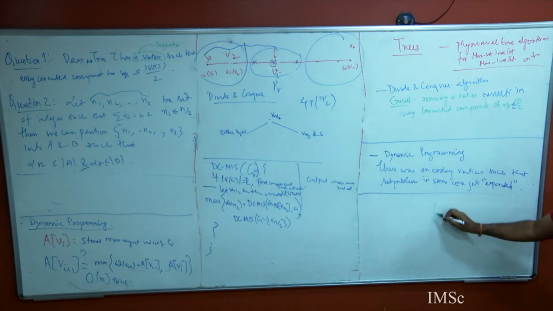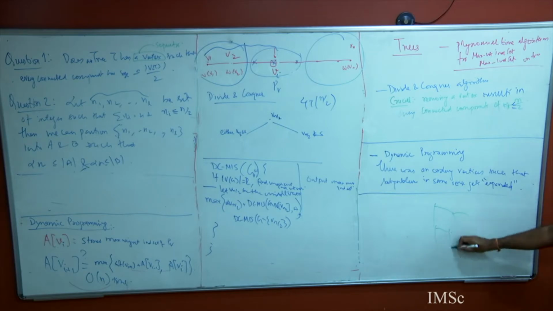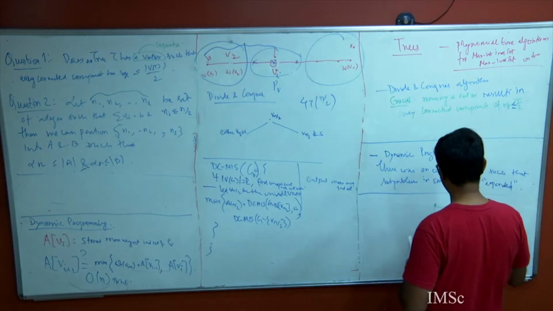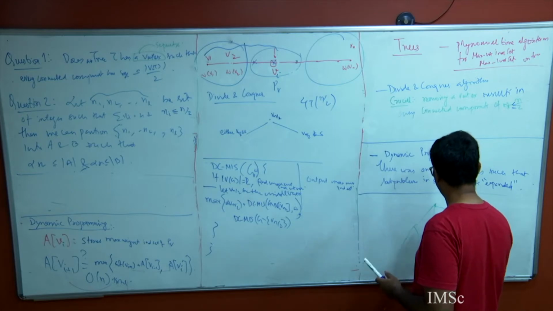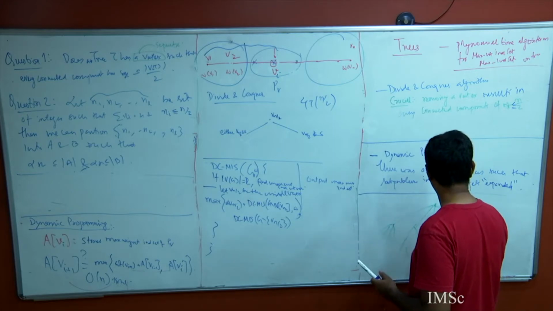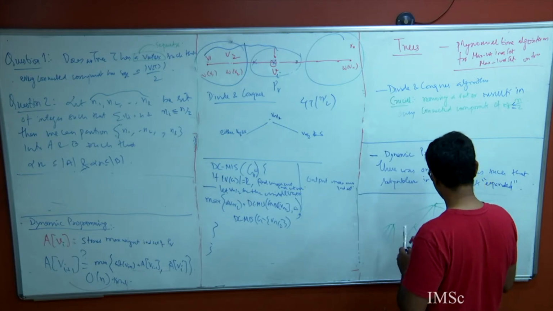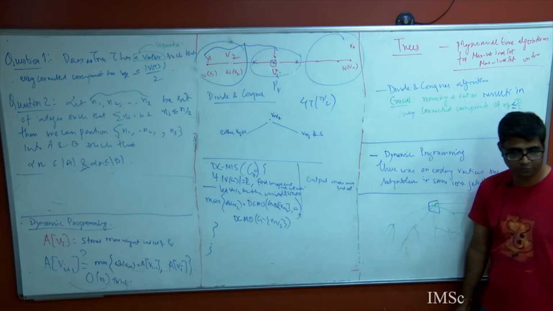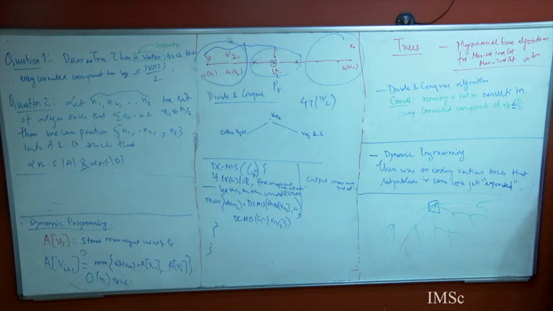So here's my tree. Pick a vertex. Either this vertex is your desired vertex, either this vertex does the job for you, meaning if I delete it, every connected component has size at most n by 2. Why is it not doing the job for you?